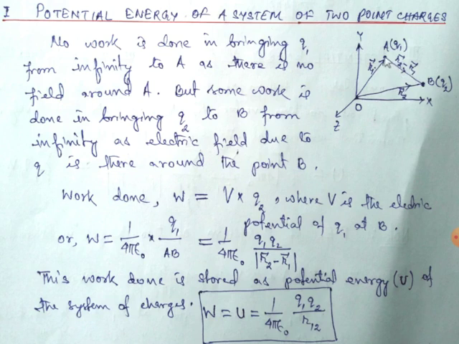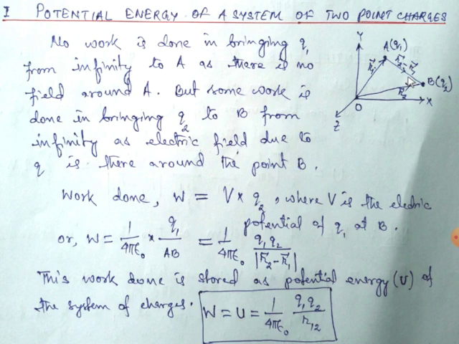If you want to find out their electric potential energy, then it is defined as the amount of work done in bringing these charges from infinity up to their respective positions to form such a distribution of charges. Got it? That is known as electric potential energy of a system of charges.